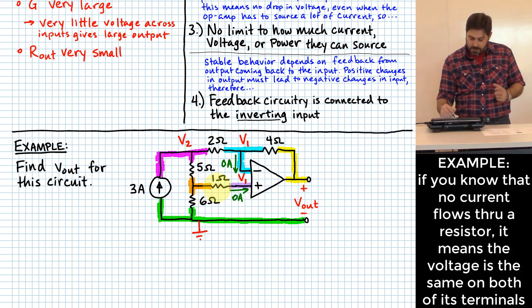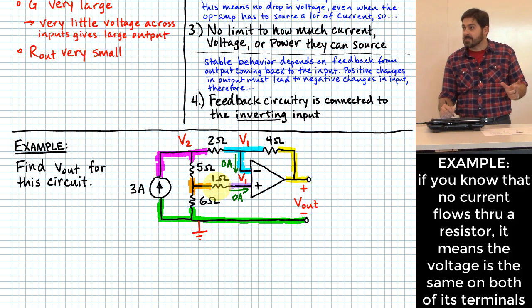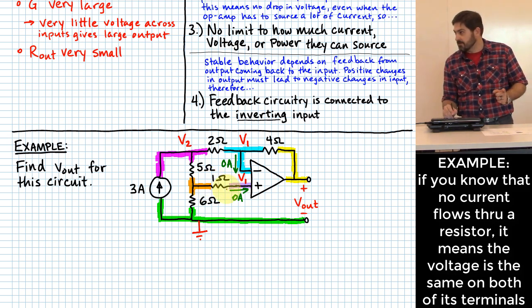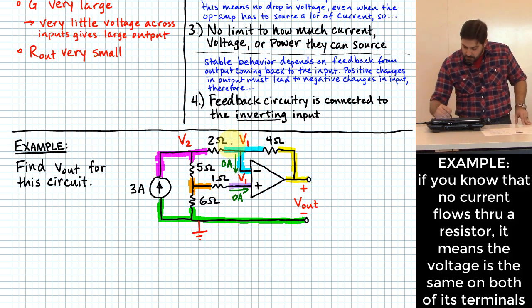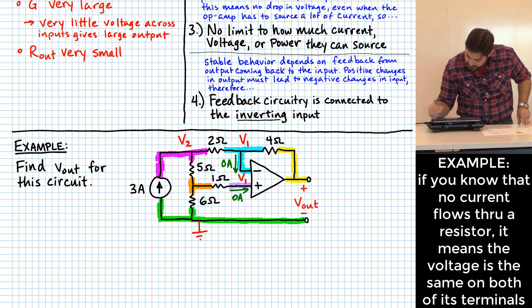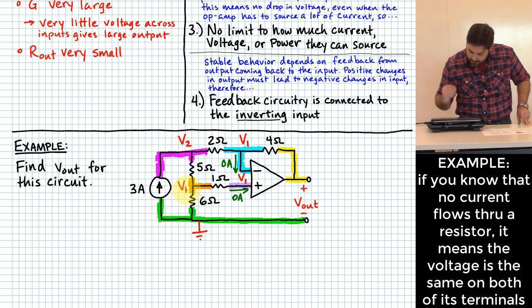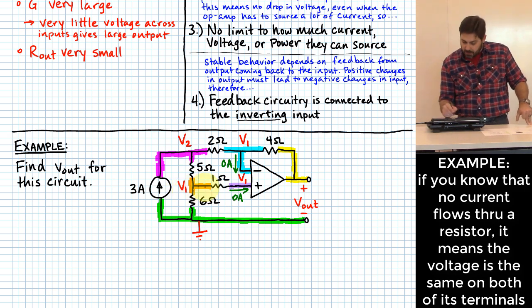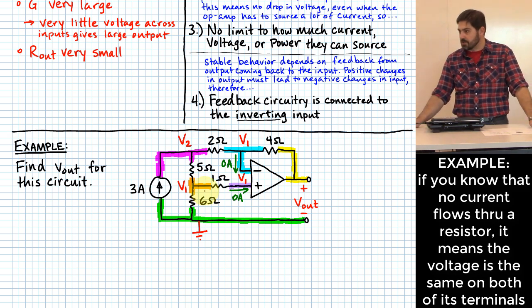Okay, not 0 necessarily, but it has to be the same as the other side of the resistor. So V1 is the voltage for the aqua-colored node. V1 also has to be the voltage for this little light purple one down here. And V1 has to be the voltage for the orange one as well, because 0 current flowed on that 1 ohm resistor right there.